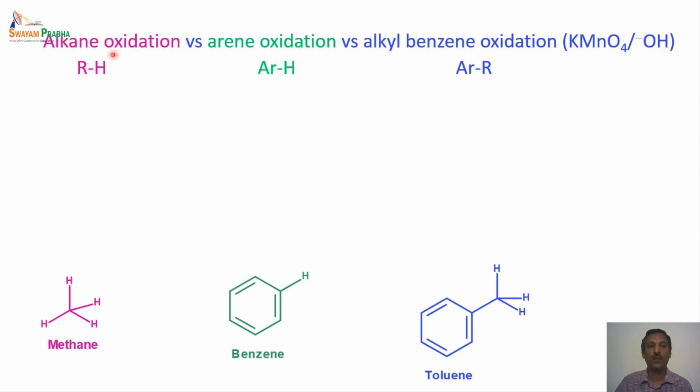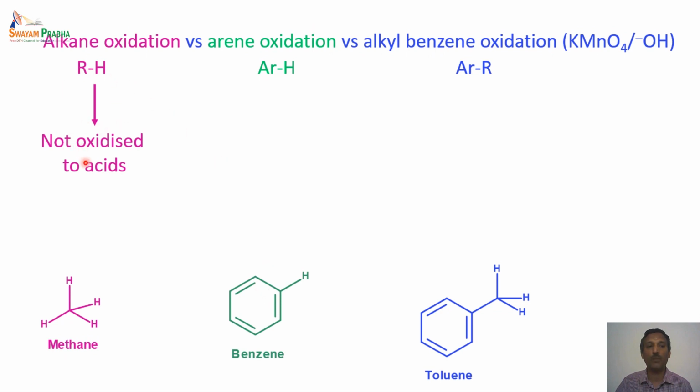Now, we have three examples here: alkane oxidation versus arene oxidation versus alkyl benzene oxidation. We know alkyl benzene can be oxidized to carboxylic acid, whereas alkanes like methane cannot be oxidized. In the same way, arenes, like benzene, cannot be oxidized. So why does this not happen?